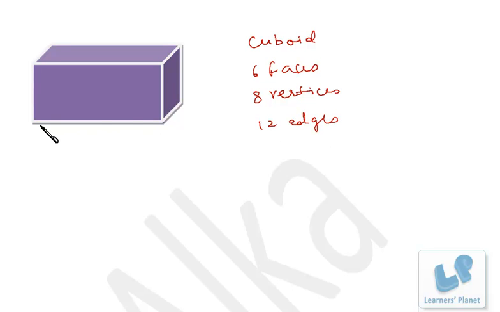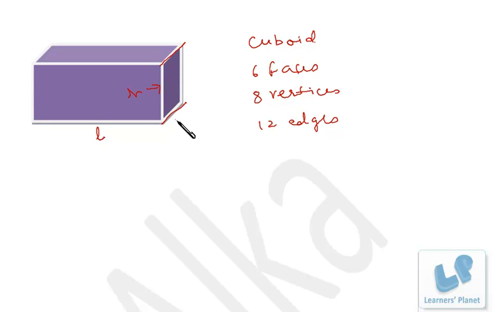Next is the cuboid. Same, 8 vertices, 6 faces, but there will be 3 sizes of faces. And 8 vertices and 12 edges. Now this is length, this is height, and this is breadth.